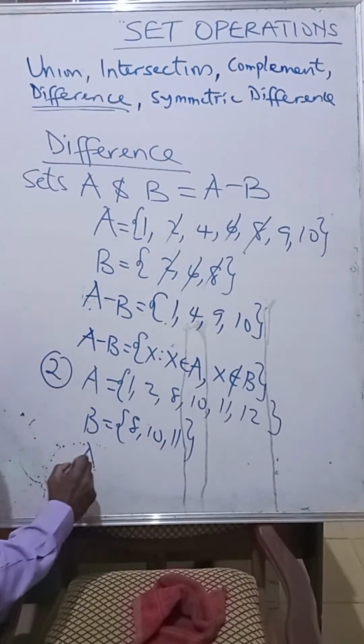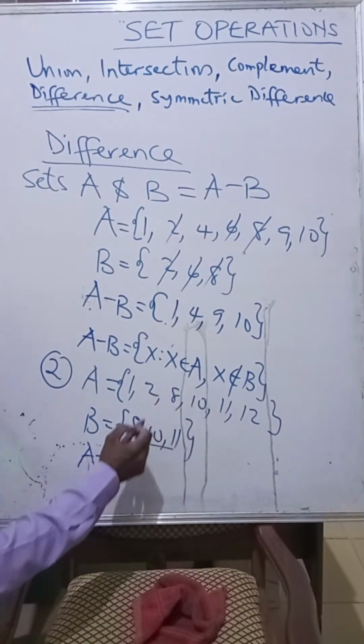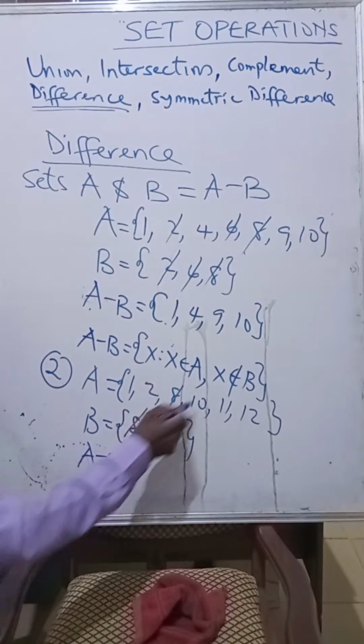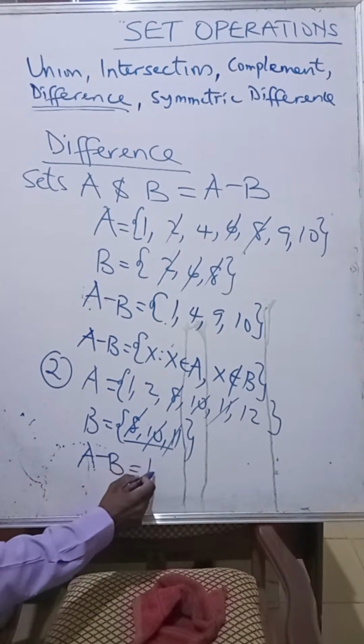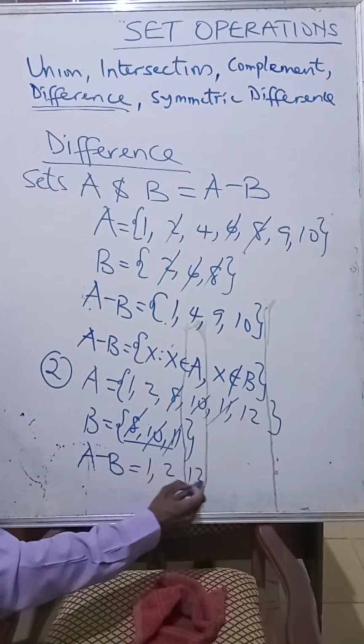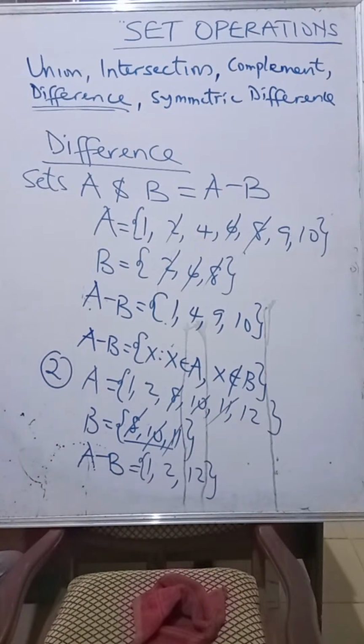A minus B will be equal to what? Remove the elements of B from A. 8 is there, 10 is there, 11 is there. So you have 1, 2, 12. That's the A minus B.